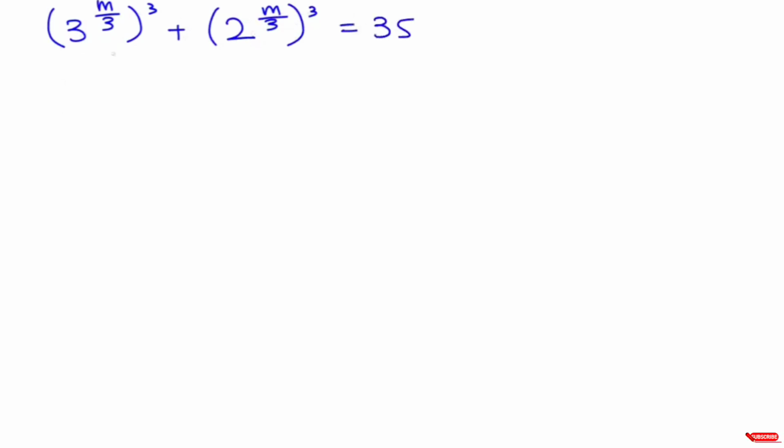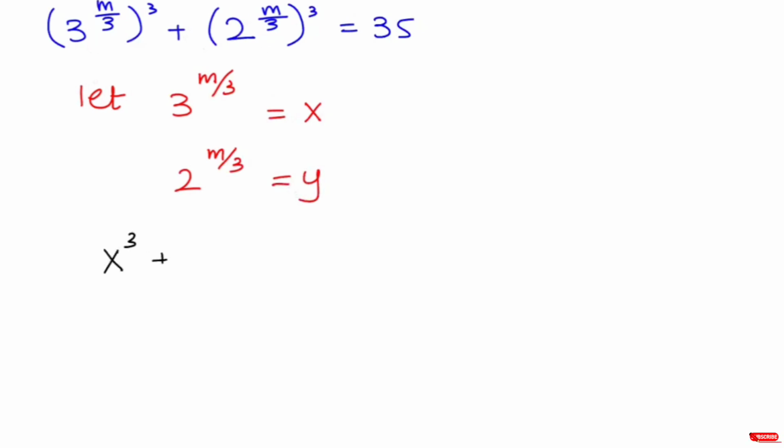In the next step, I'm going to let 3 to the power of m over 3 be x and 2 to the power of m over 3 be y. I'm going to plug in x here and y here. x cubed plus y cubed is equal to 35.